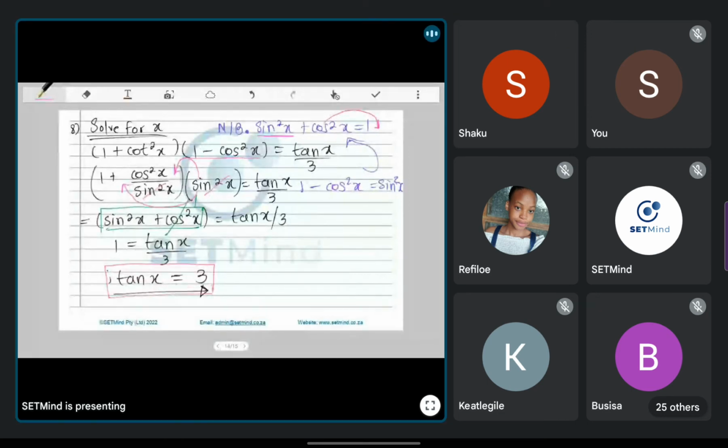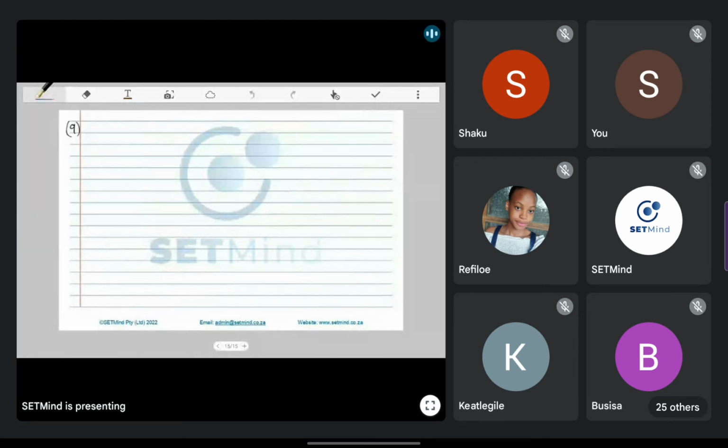Okay, nice. Let's go to question 9. They were saying we have 4 cos squared x plus 3, which is the same as the square root of 3 cos x. This one is not an obvious one, to be honest.